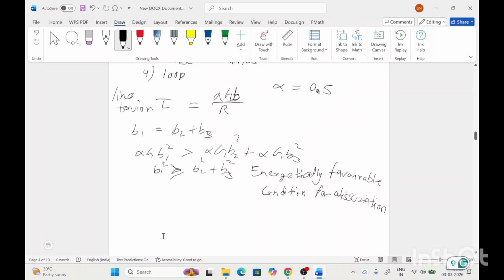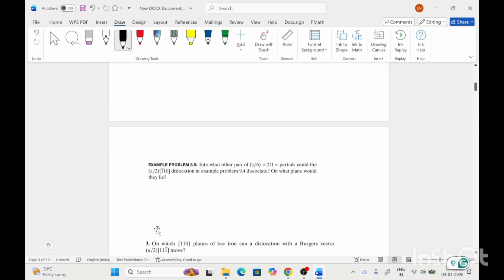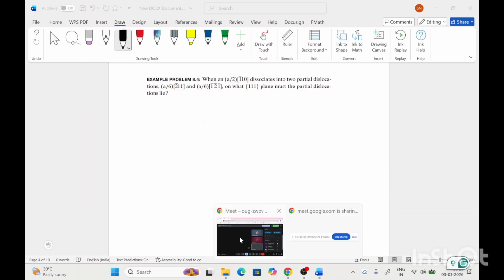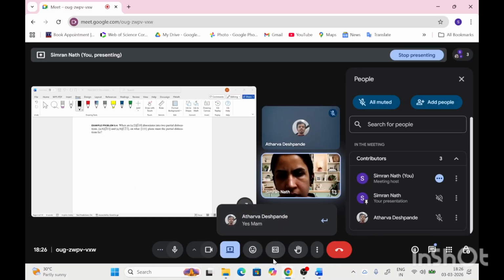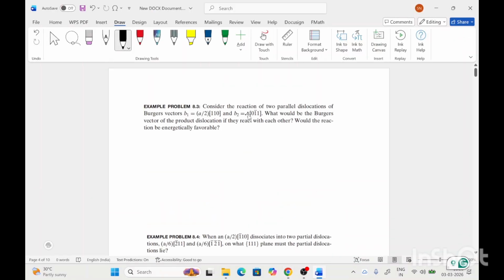Okay, so we'll now solve the problems. In this question, we are asked to consider the reaction of two parallel dislocations of Burgers vectors B1 a by 2 [110] and B2 a [0 bar 1 1].